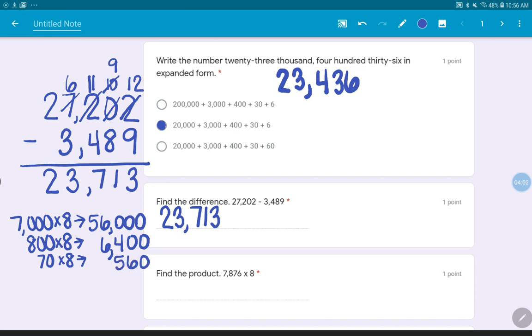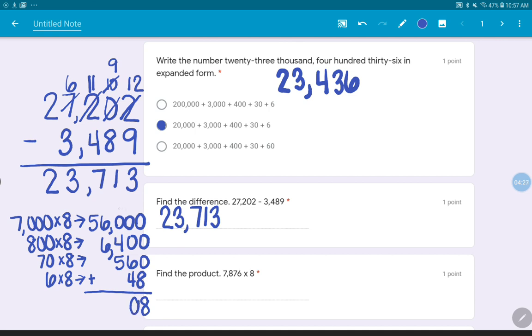And then the last thing? 6 times 8. And 6 times 8 is... Now what? We add all of those parts together. 0 plus 0 plus 0 plus 8 is 8. 0 plus 0 plus 6 plus 4 is 10.